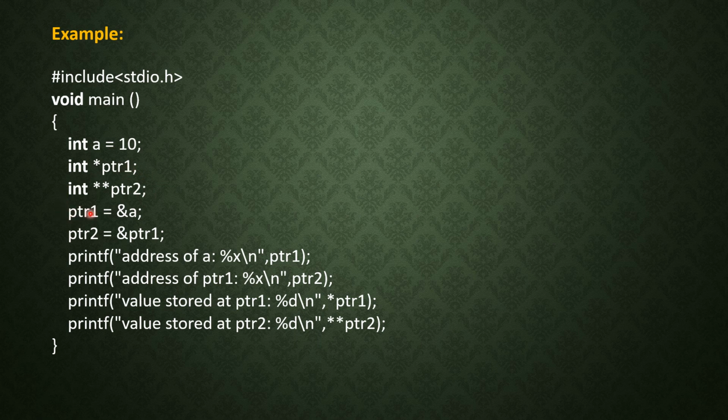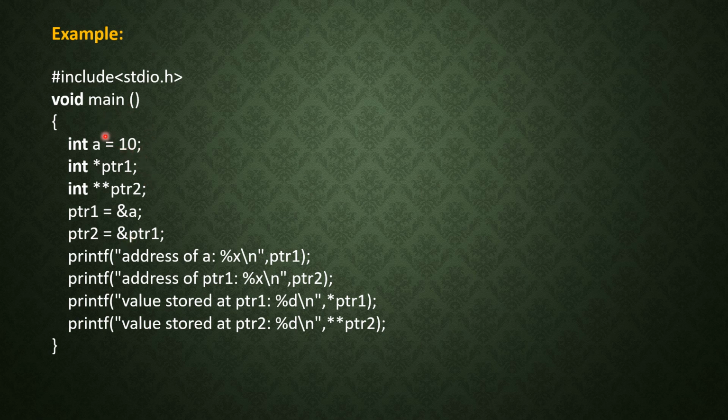In PTR1 we have to store the address of variable A, that is ampersand A. Next, PTR2 has to store the address of pointer 1, so ampersand pointer 1.